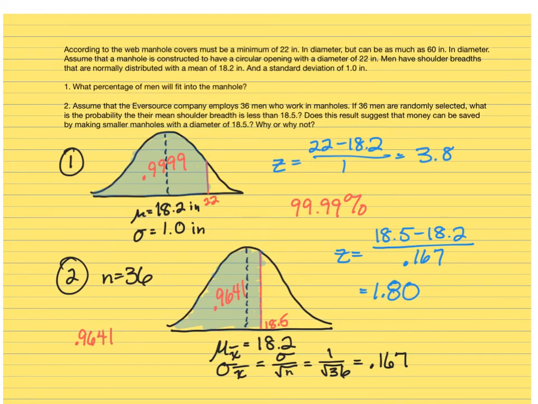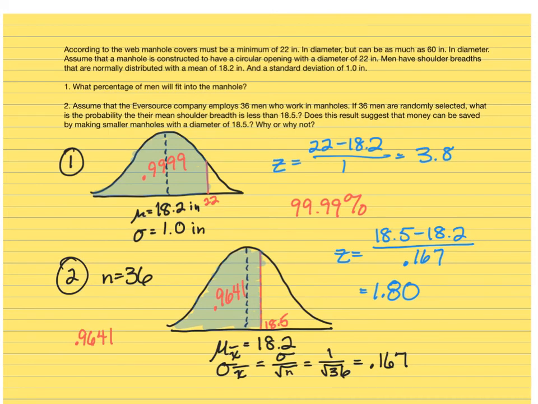This 96.41 means that if you hire 36 random men, the probability that their average will be less than 18.5 is 96.4. Now, be careful because that's their average, and so the average is definitely going to be a little closer. You might have more.